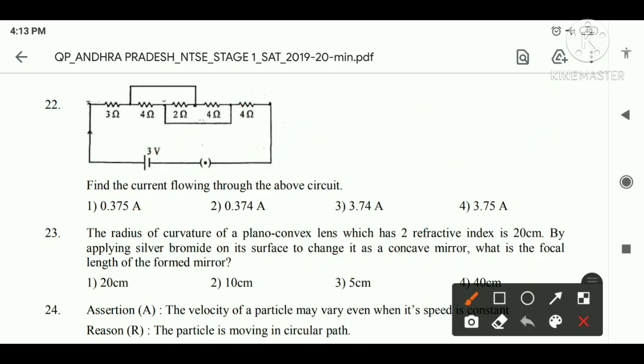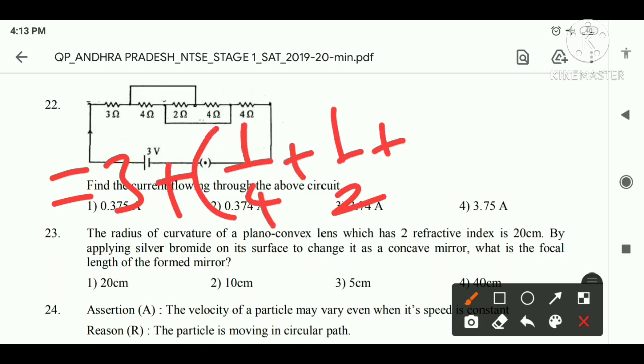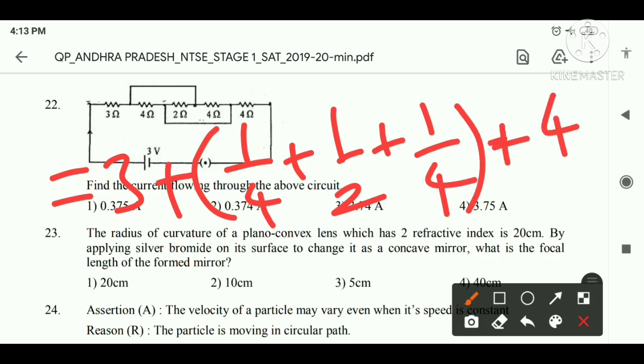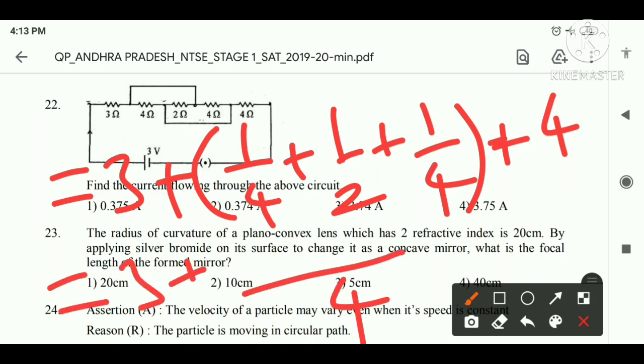Put the values in this. 3 plus 1 by 4 plus 1 by 2 plus 1 by 4, plus 4, because it is a series connection. Now it becomes 3 plus, the LCM of these becomes 4. 4 1s are 4, so here it is 1 plus 2 2s are, 2 1s are 2, plus 4 1s are 4, so it is 1.